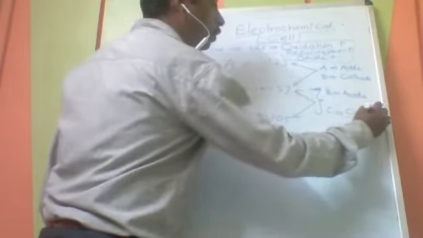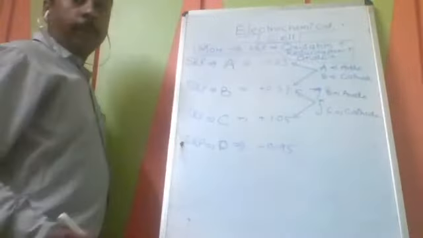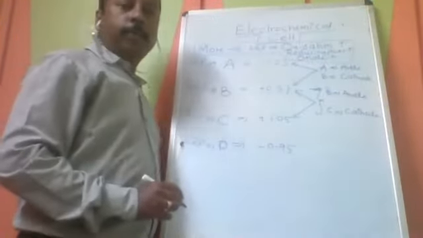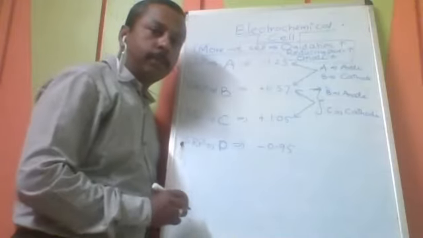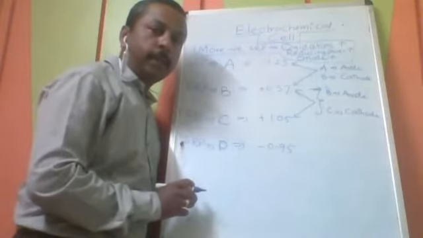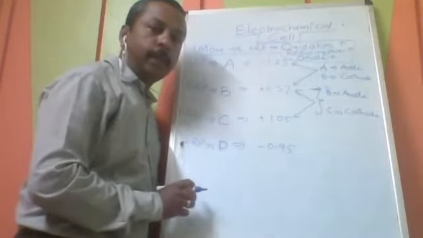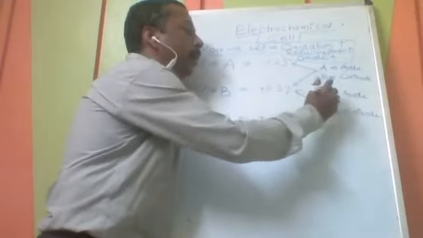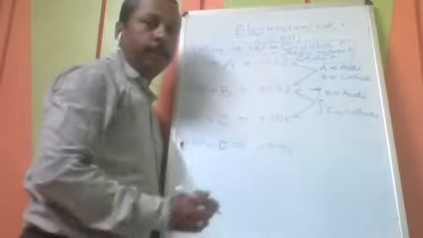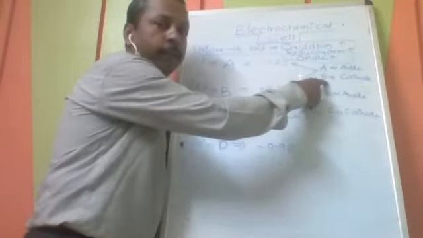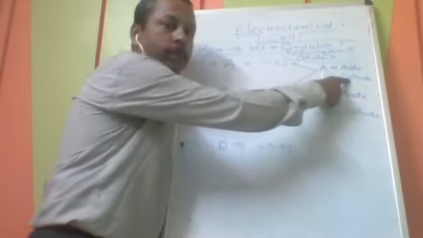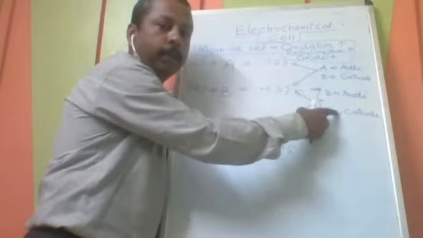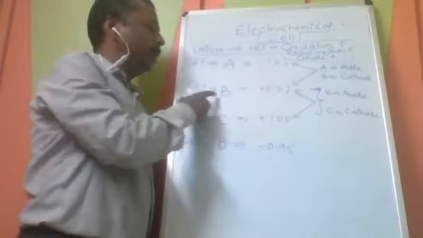That's what I was saying every time: there is no permanent anode, there is no permanent cathode. The same element can act as anode, and the same element can act as cathode. How to decide? It depends upon the reactivity of the other element. The same B when connected to A was cathode, but here B acts as anode because C is less reactive.